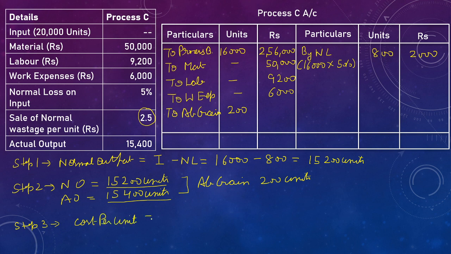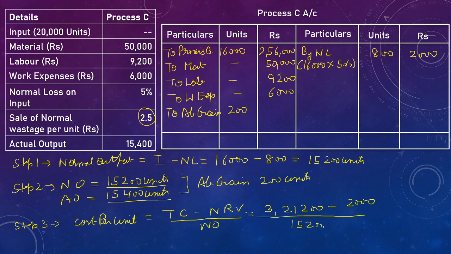and the formula to calculate cost per unit is total cost minus net realizable value divided by normal output. Here the total cost is 3,21,200 and the net realizable value or the sale value of normal loss is 2,000 rupees, which is deducted from the total cost, and our normal output is 15,200 units.